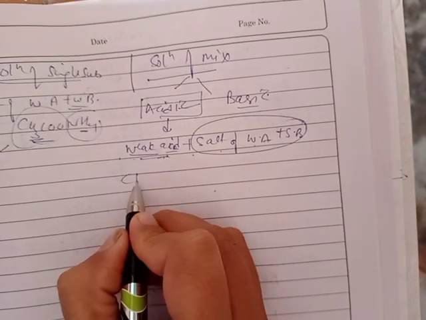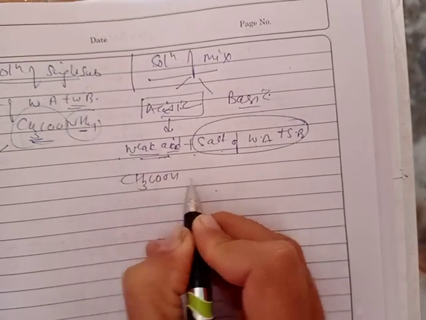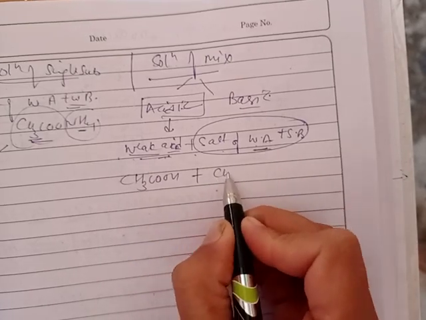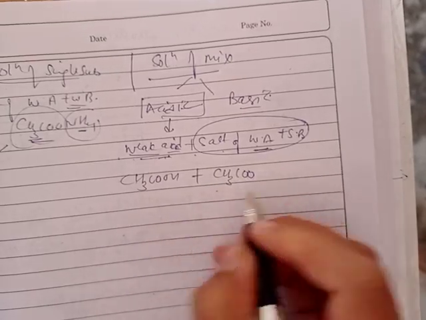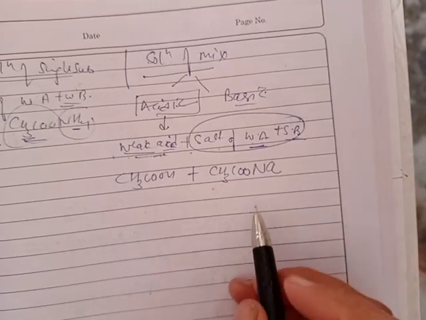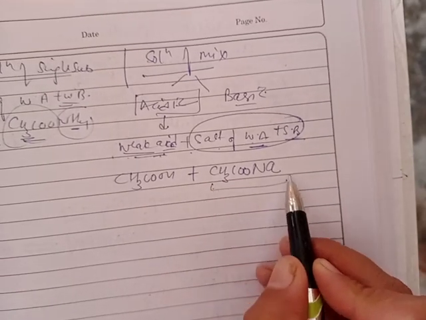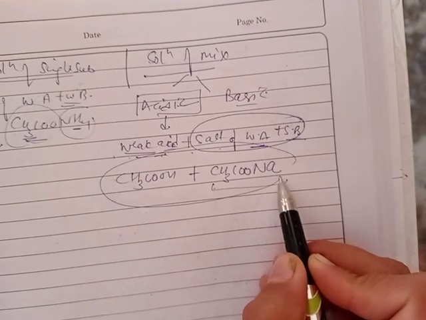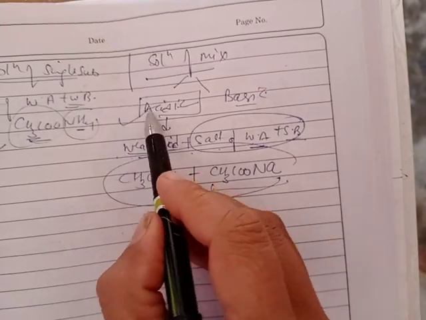Suppose the weak acid we have taken is acetic acid and the salt of the weak acid means acetate salt, and the strong base, suppose we have taken NaOH, then it becomes sodium acetate. This mixture will act as an acidic buffer.